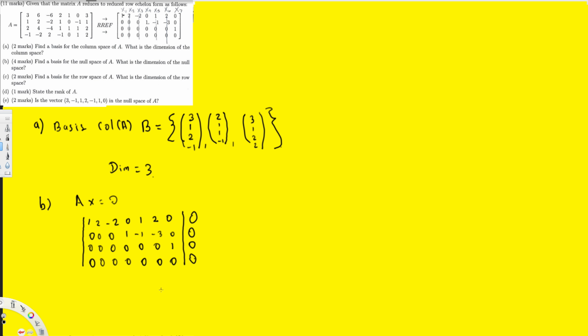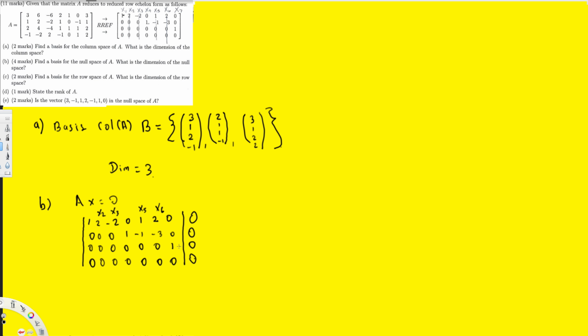Now what I have to do is find the free variables and solve all the systems in terms of the free variables. So in this case, x1, x4, and x7, those three have pivots, so they are not free variables, but all of the other columns are going to be free variables. So x2 is a free variable, x3 is a free variable, x4 has a pivot so it's not a free variable, x5 is a free variable, and x6 is also a free variable. x7 has a pivot, so it's not a free variable.